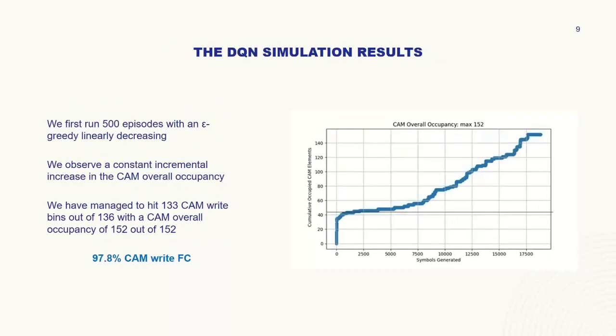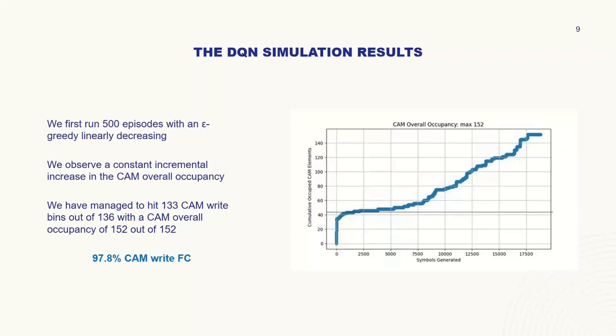And this is actually the DQN simulation results. If I run 500 episodes, where what I call an episode is going from an empty cam to a full cam, it takes about 500 episodes to get to mostly all the functional coverage bins, and we see that slowly the DQN agent is learning what's happening and is generating sequences that fill the cam slowly but surely, and I get to almost the maximum.